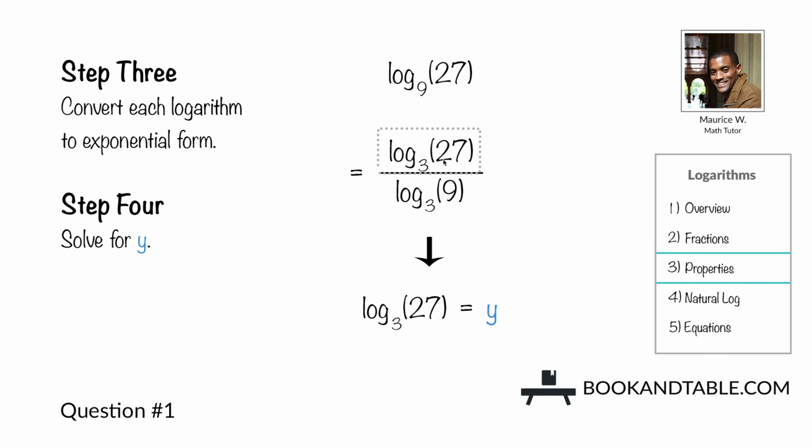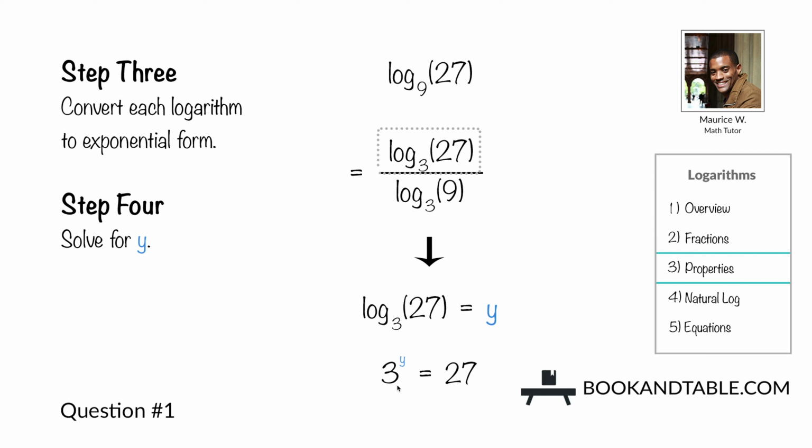So we'll start with the numerator. We'll set it equal to y, giving us a log of base 3 of 27 is equal to y. And we can convert this to exponential form by taking our base 3, raising it to a power of y, and setting that equal to the argument 27.